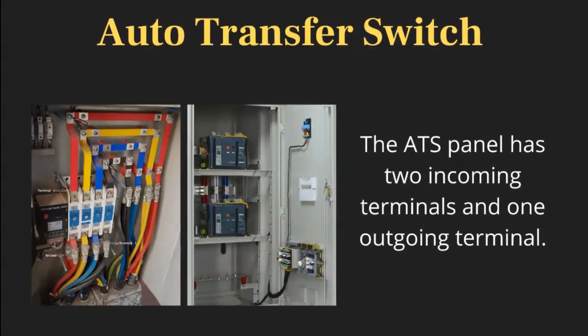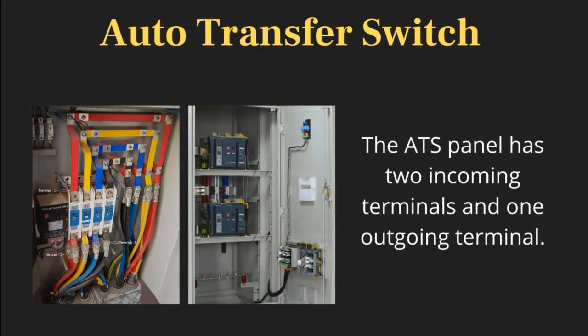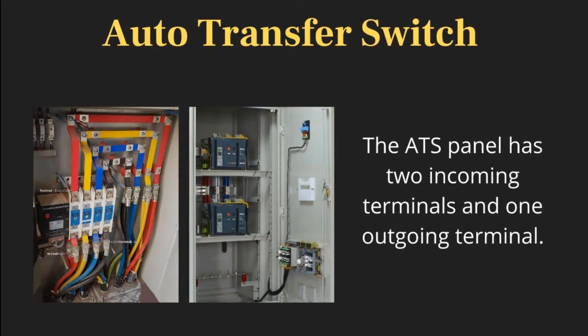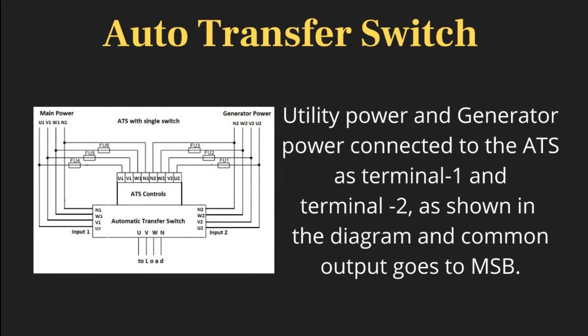The ATS panel has two incoming terminals and one outgoing terminal. Utility power and generator power are connected to the ATS as Terminal 1 and Terminal 2, as shown in the diagram, and the common output goes to the MSB.